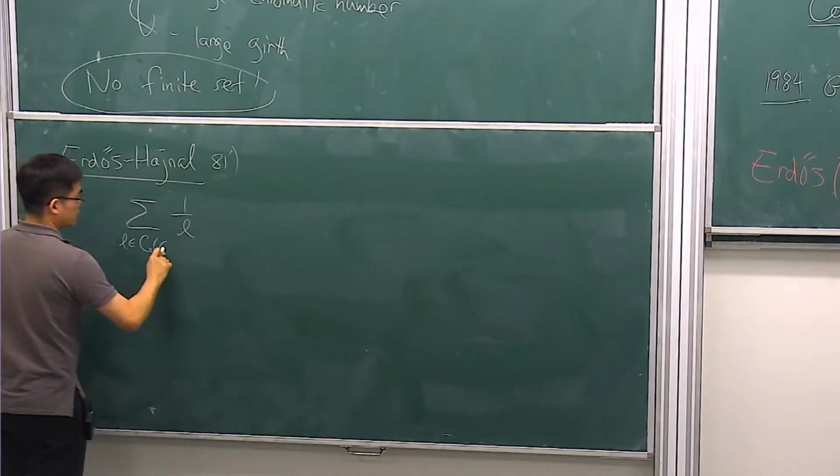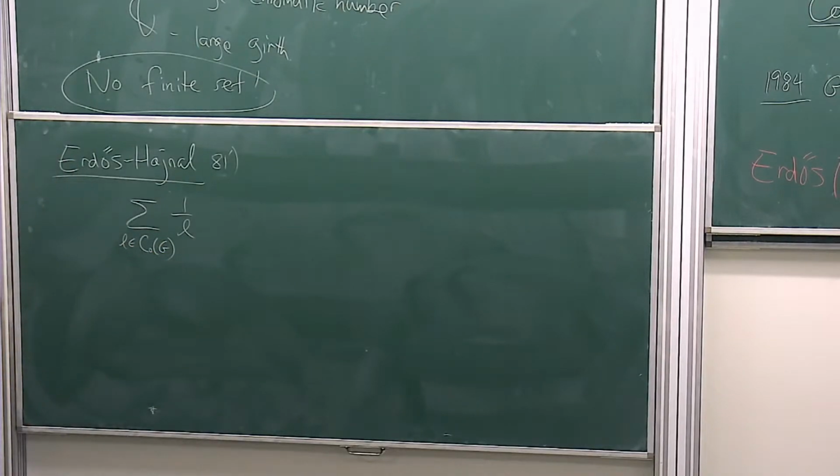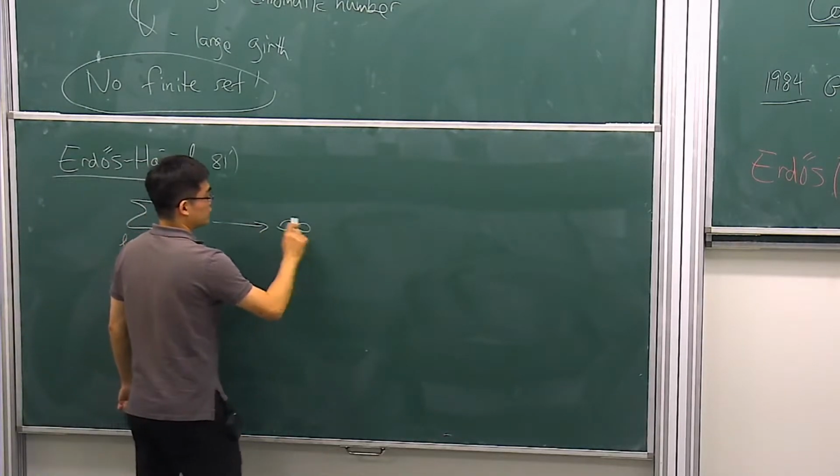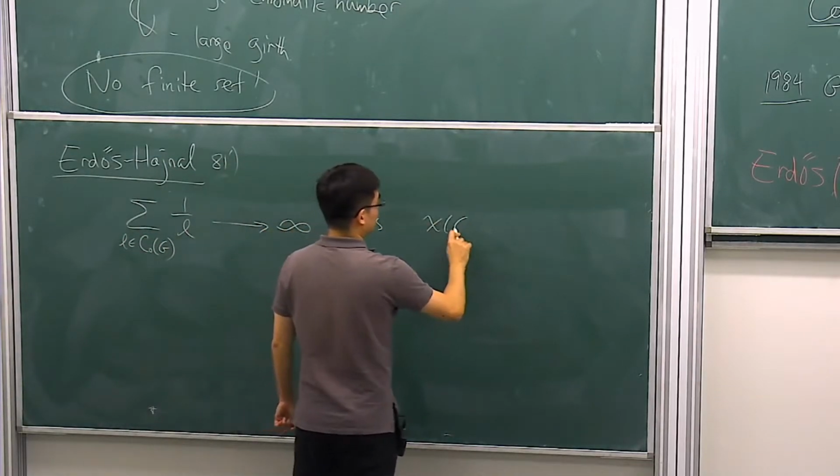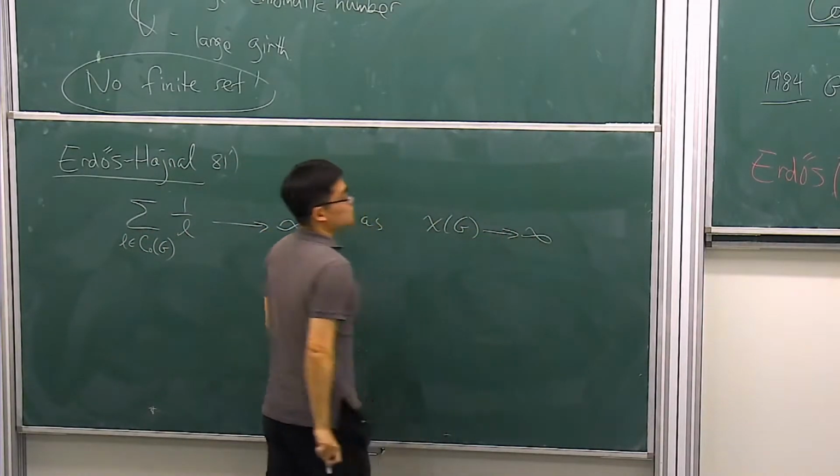I will use C_O(G) to denote all the odd integers among the cycle lengths. Does this diverge as the chromatic number diverges?